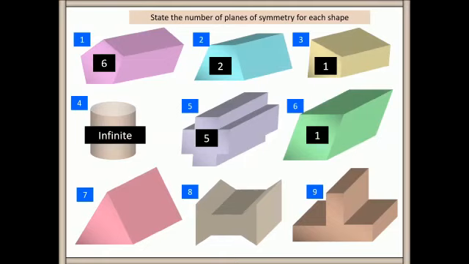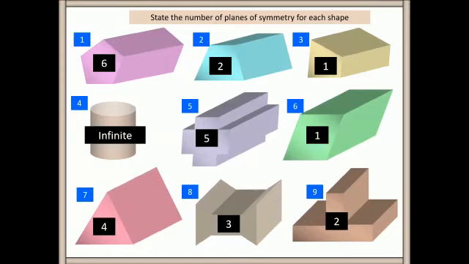That is only 1. 7th one, I think it is an equilateral triangular prism. Yes, we know that it has 4. 8th one, there's no name for this shape, but it is symmetrical, both parts are symmetrical, so we can cut it in 3 ways. Next one, we can cut it in 2 ways.